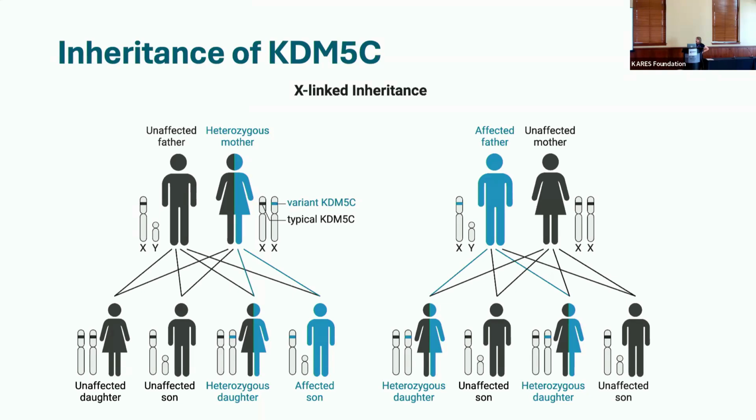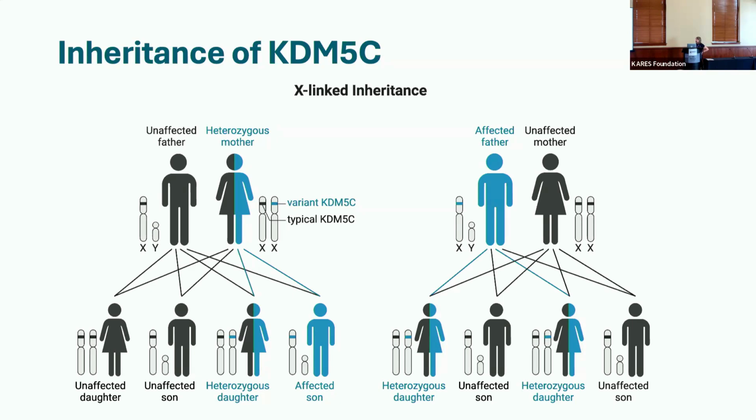So he has his X chromosome and a typical sequence for KDM5C that is functioning typically. Mother can be a carrier, so she has a variant change in KDM5C, but the other copy is typical. So when this couple has children, they can have a daughter who's completely unaffected, so got that copy from dad, got the typical copy from mom.